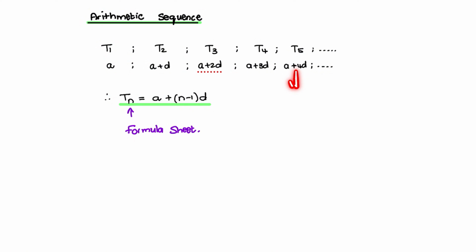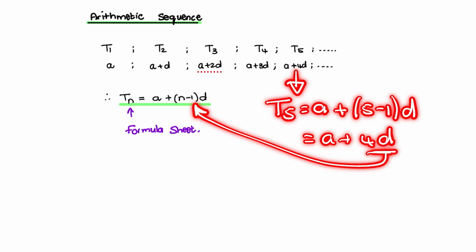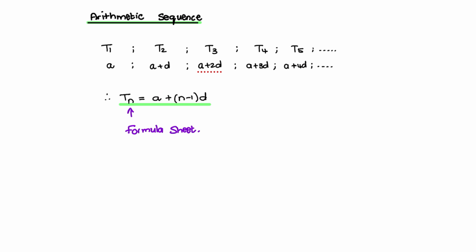So can you see, if I rewrite term 5, I'll have term 5 is equal to A, which is the first term, plus (5 minus 1) times D. And that becomes A plus 4D. So I hope that helps you understand why we have n minus 1 in brackets next to D.